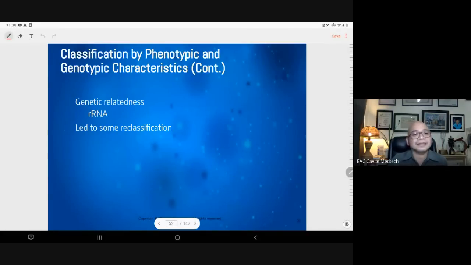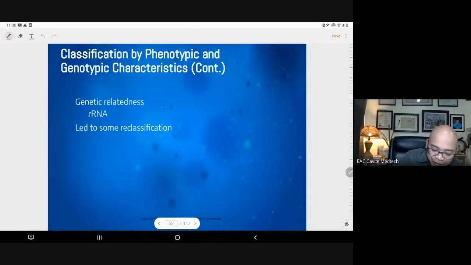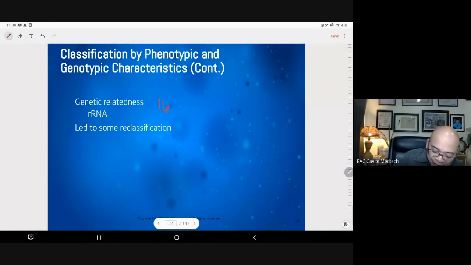Okay. So in determining the phenotypic or genotypic characteristic, genetic relatedness is very important. So that's the reason why when you do PCR, the primer that you will be using is actually the 16S rRNA for prokaryotic organisms.